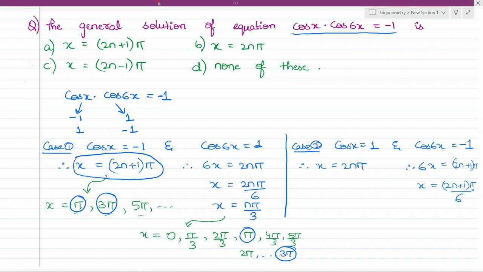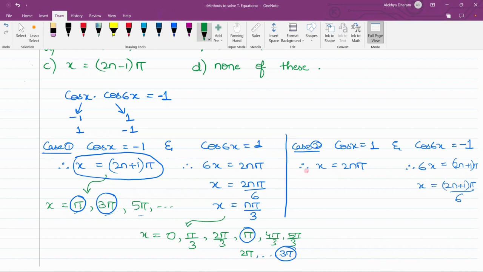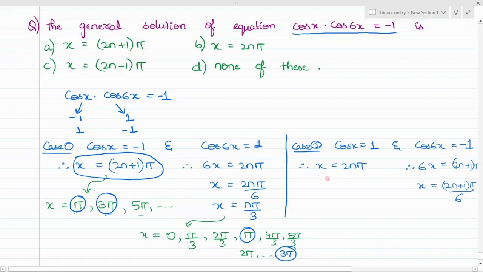Now we need to think about case 2. Here what will be the values of x? It's even multiples of pi, that is 2 pi, 4 pi, 6 pi, all the even multiples of pi. Here, if n is 0, it is pi by 6.